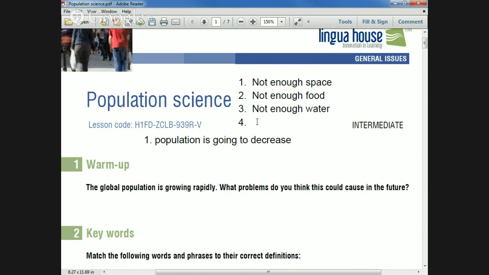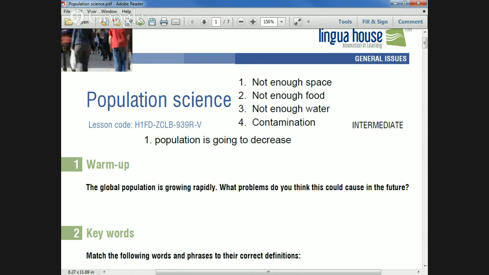So I guess that natural resources are going to be affected, like food and water.